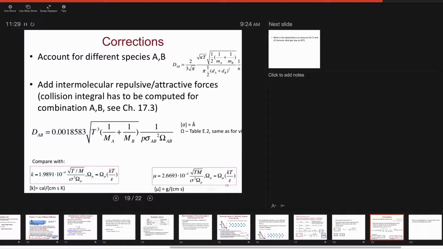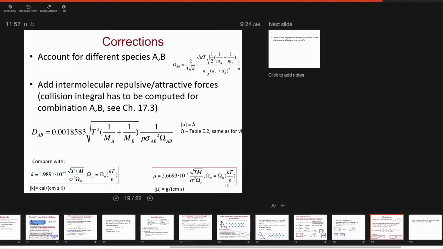I still have the square root of T right there in the formula. But you can see square root of T dependence up there. And I have to do a harmonic average of the mass, and I also have to average my diameters. Okay? Now, in order to add intermolecular repulsive or attractive forces, there is a Chapman-Enskog expansion, and it's applicable here as well.